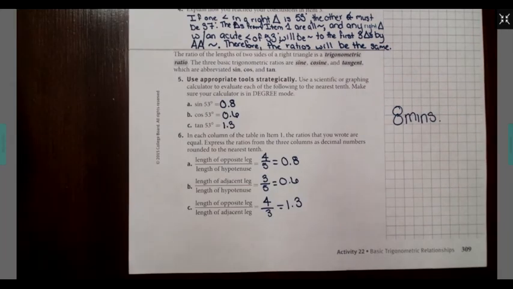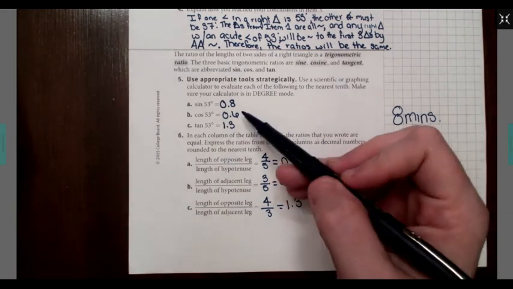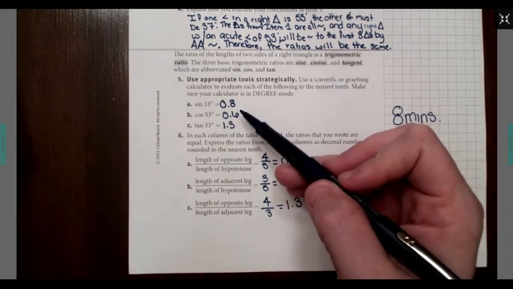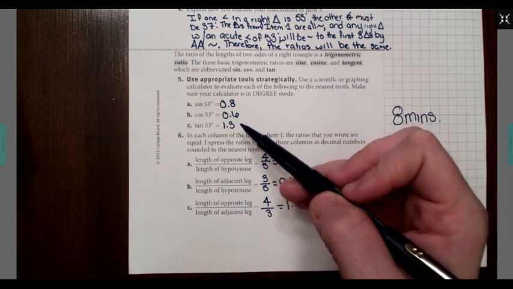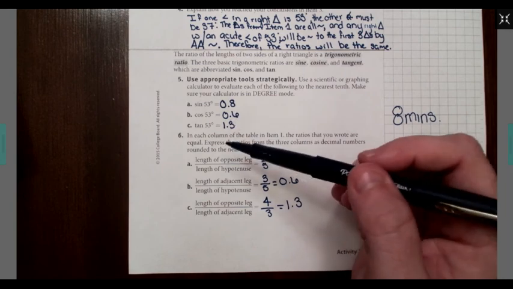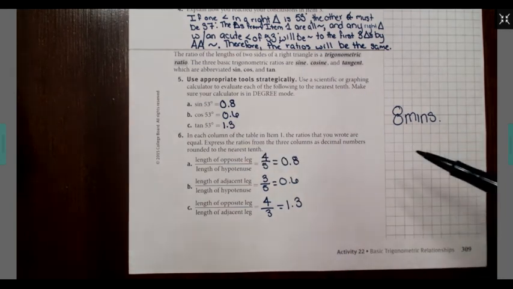All right. As you can see, the answers to questions 5 through 7 have been provided. The sine of 53 is approximately 0.8. The cosine of 53 is approximately 0.6, and the tangent is 1.3.